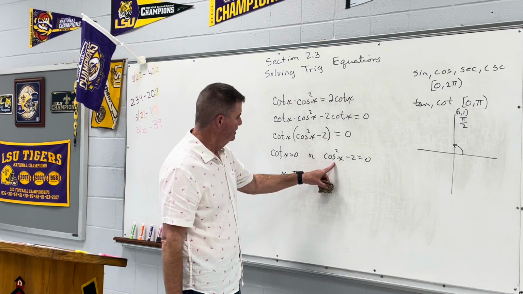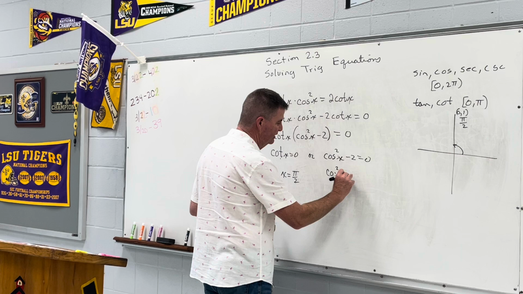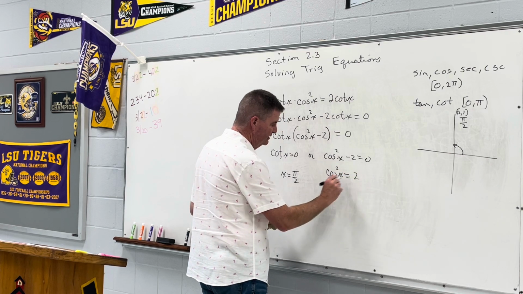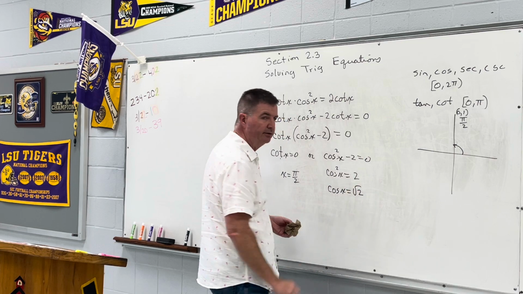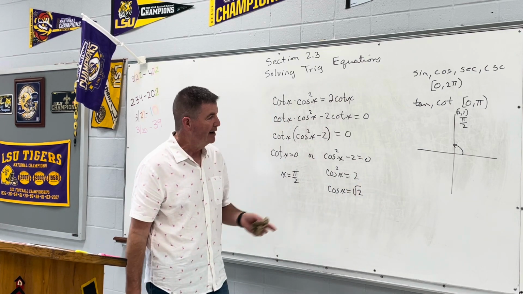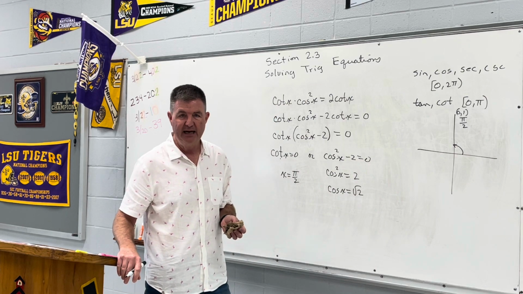And then we have the other one. So we've got cosine squared of x equals 2. Take the square root: cosine of x equals the square root of 2. Well, square root of 2 is not one that's familiar to us when we're looking at the ordered pairs.